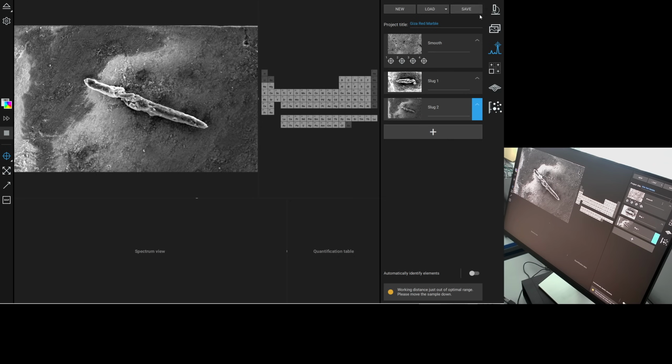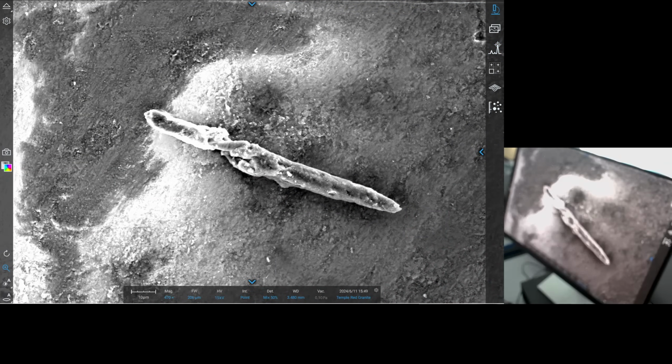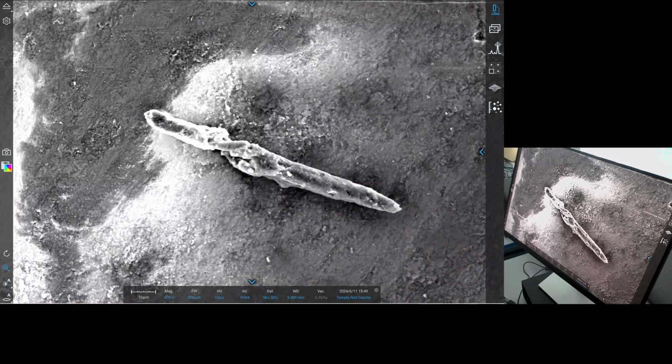They do look like they're mixed material, and the scale is about 10 microns across. Looks like it's 2 braided sections in one. Let's have a look at some other ones.